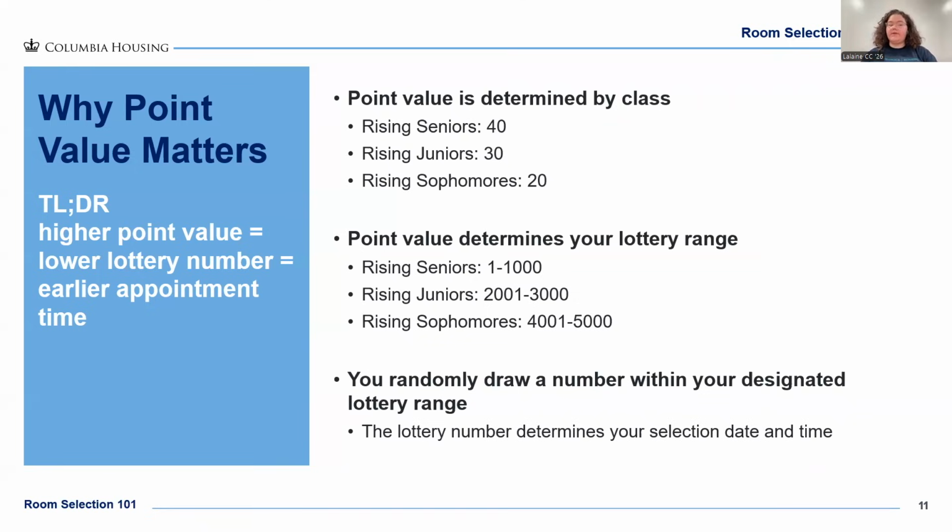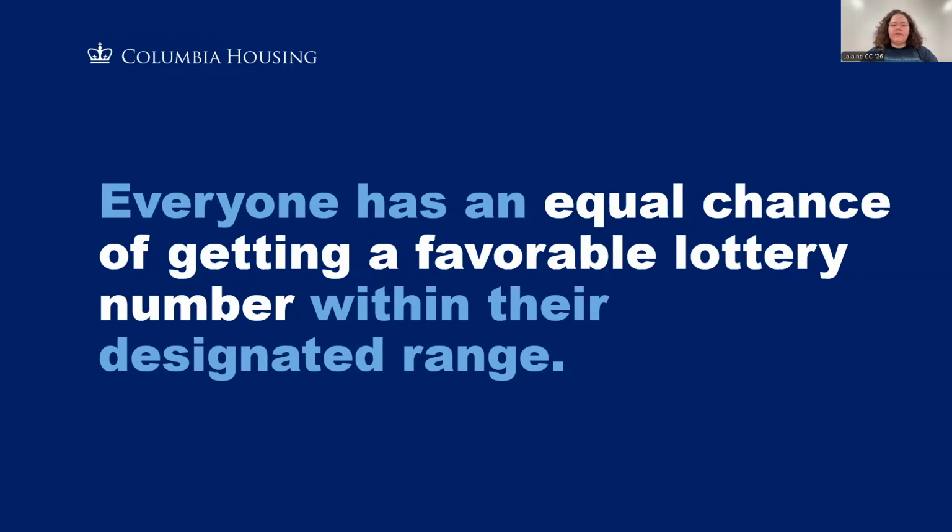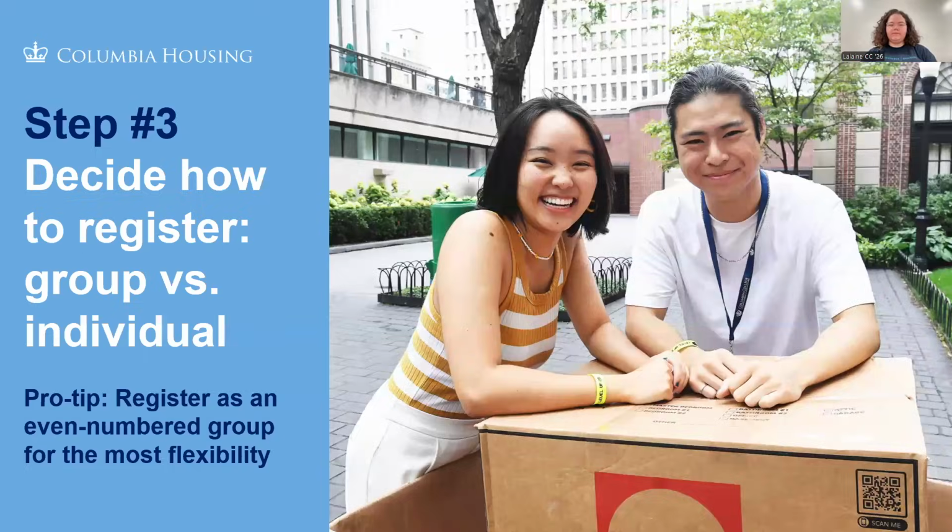Lottery number 1 will have the first appointment time, whereas lottery number 5,000 will have the last appointment time. In other words, rising seniors do select first. So this means that everyone has an equal chance of getting a favorable or unfavorable lottery number within their designated range. The process is truly random. Numbers are computer generated and assigned.